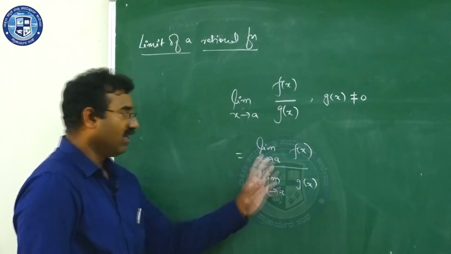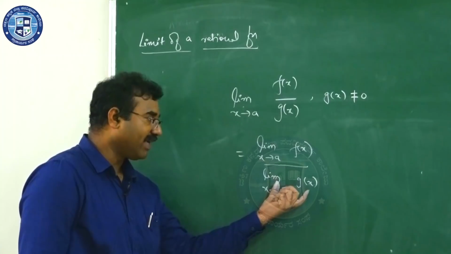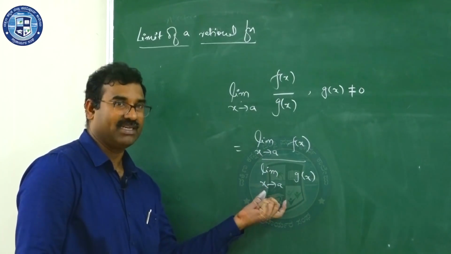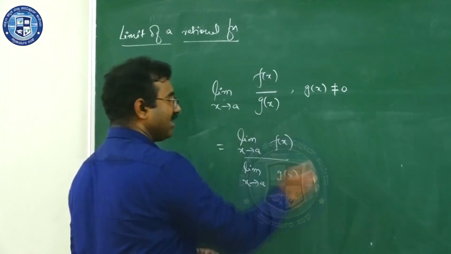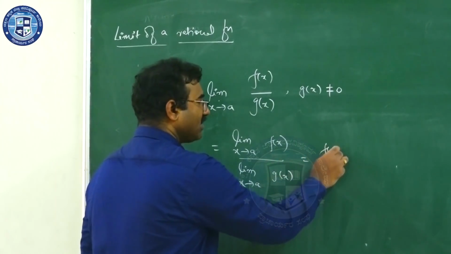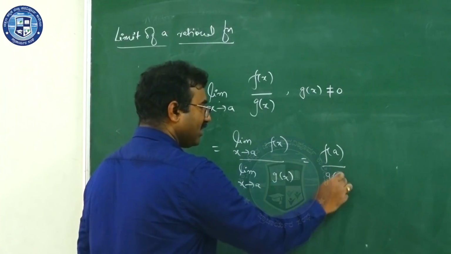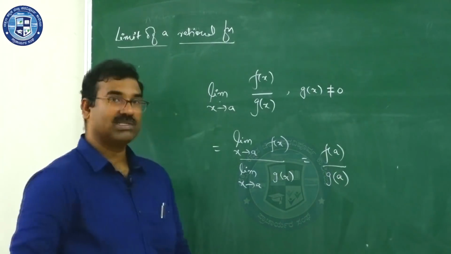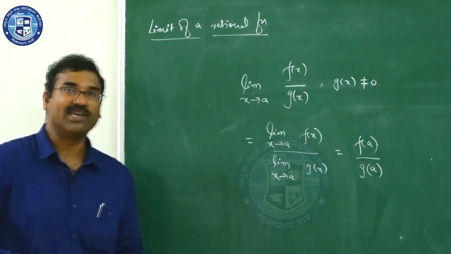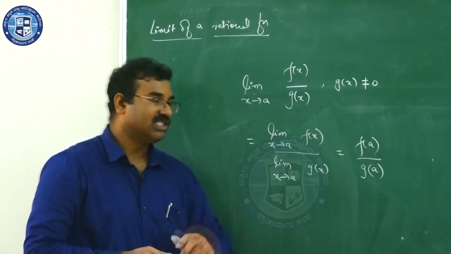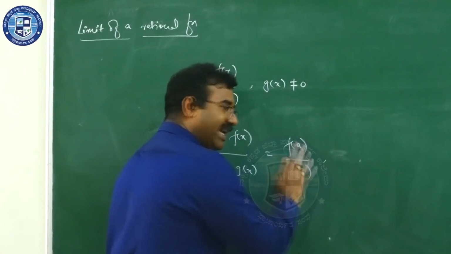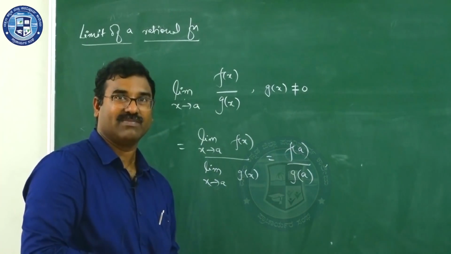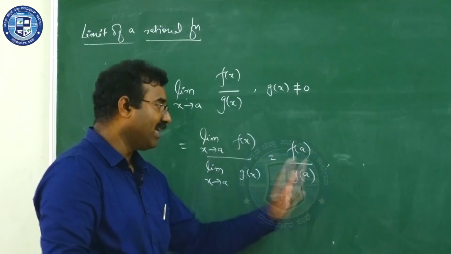That is why you have to be careful about the denominator. Suppose you substituted a in the numerator and also in the denominator, and you got f of a by g of a. If it is a finite value, that will be the limiting value.